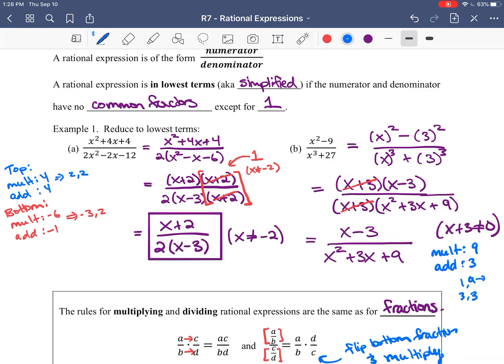This sum would be 10, this sum would be 6, or the negative versions, and then the sums are going to be the negatives here, so you never get a sum of 3. So this bottom polynomial is prime, so it doesn't factor any further. So this is how we would leave our answer here.